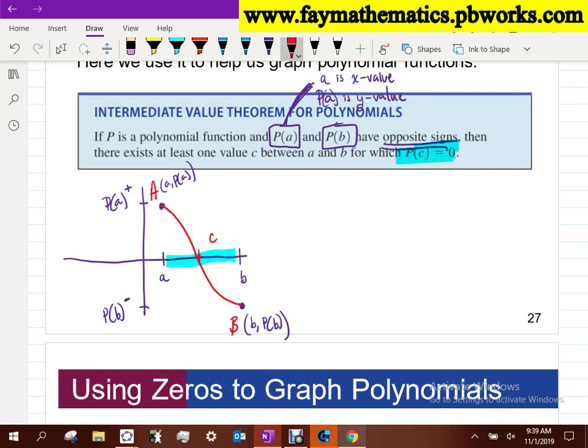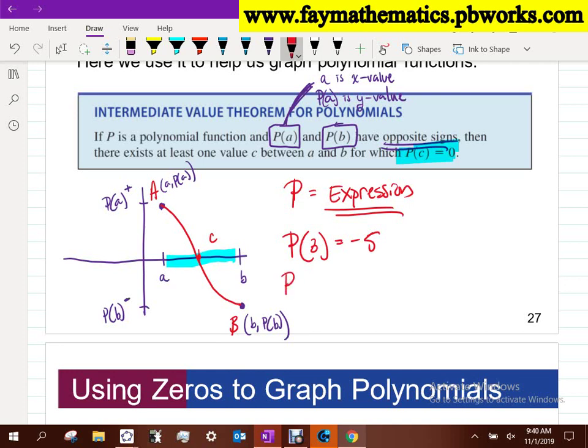But what's nice about that, guys, is let's say I've got a polynomial, and I don't know what its expression is. Let's just say, I'm going to write an expression here. Don't know what it is, don't care what it is. But I evaluate P at, let's say, 3, and I get -5 back.